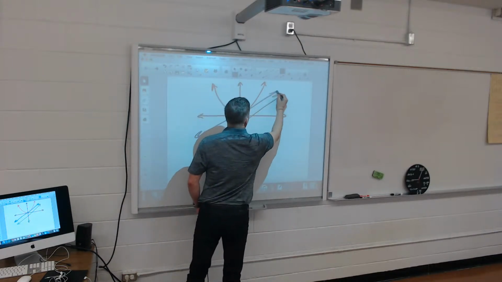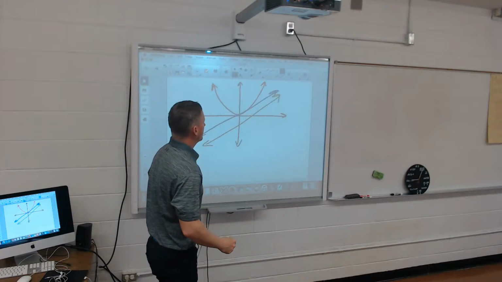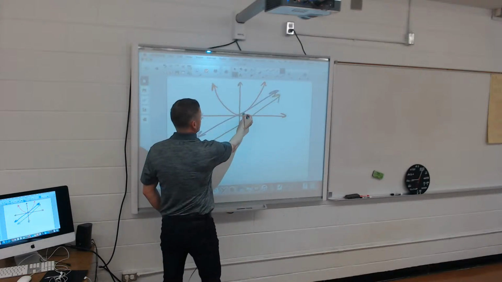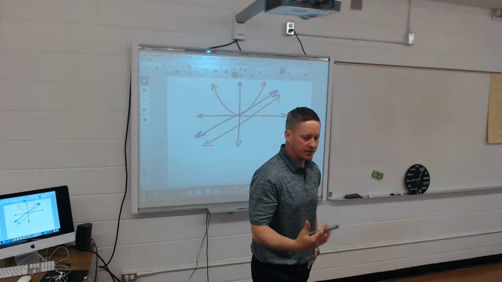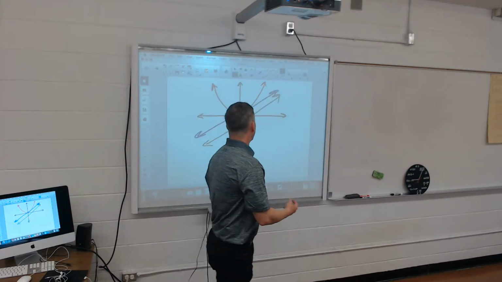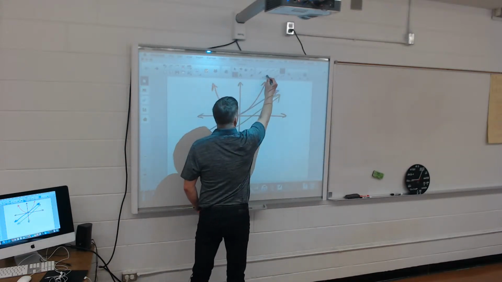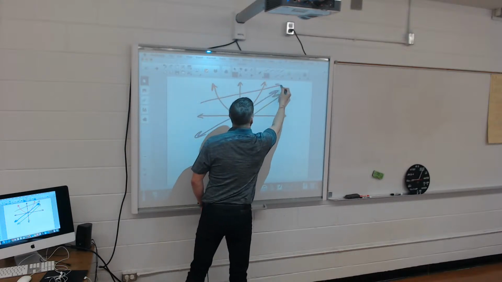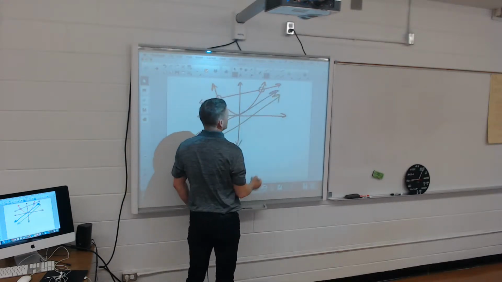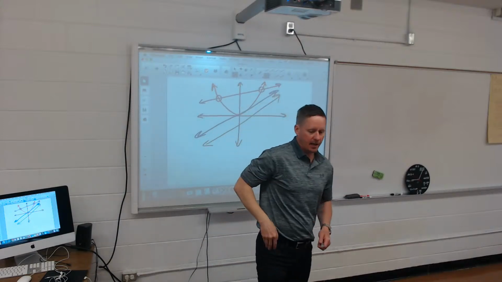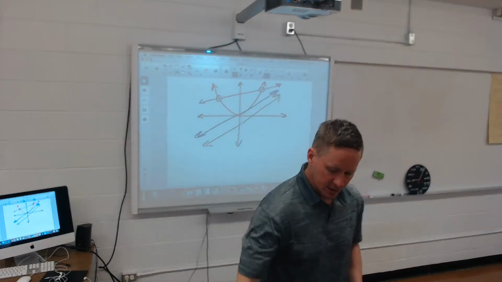Possibility number 2, 1 solution, in which you've got a point on the quadratic and a point on the line that actually touch each other, but they don't cross. And the third possibility is 2 solutions, where the line crosses the parabola in 2 different locations.